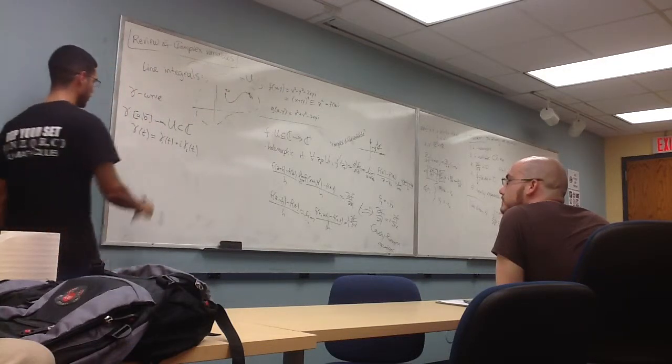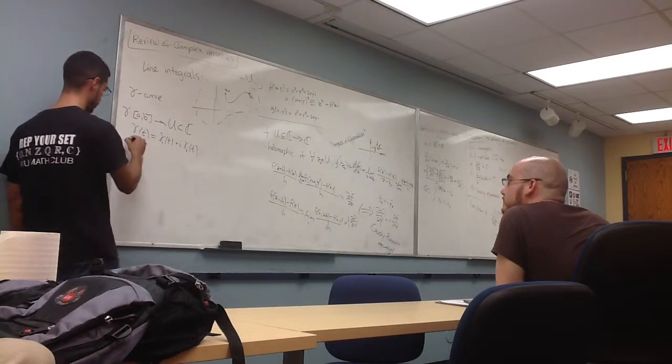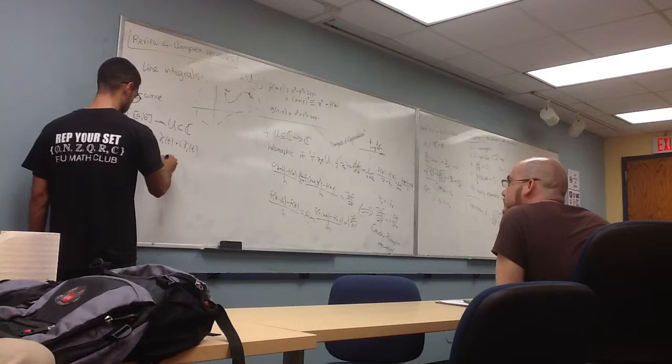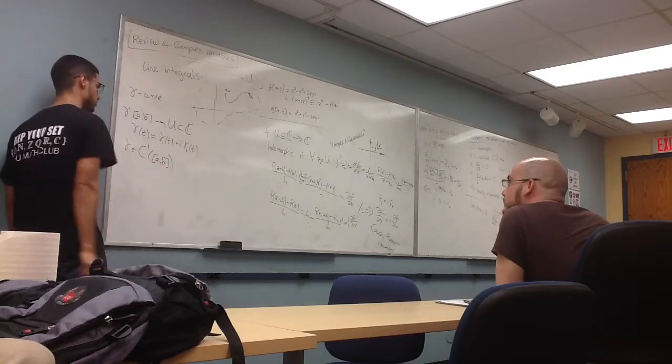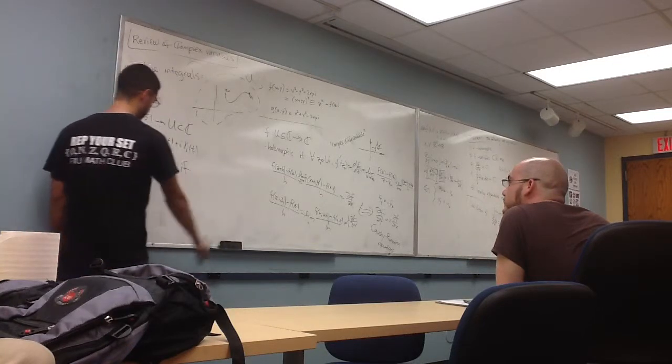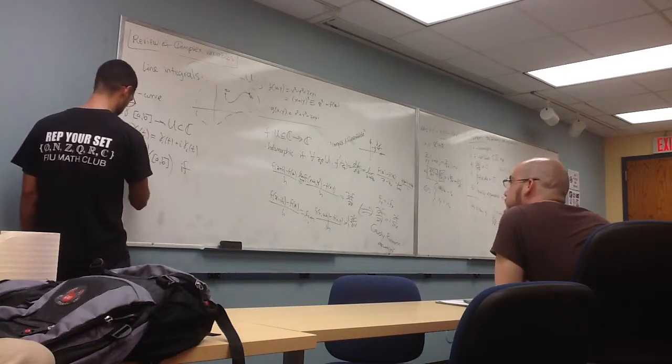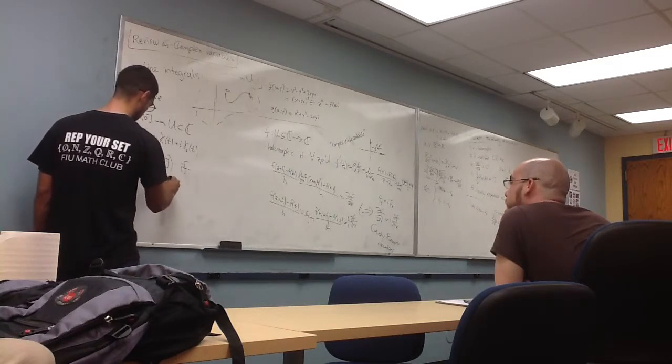Okay. So gamma is C1 on [a,b], meaning it's continuously differentiable, if gamma is continuous on [a,b].